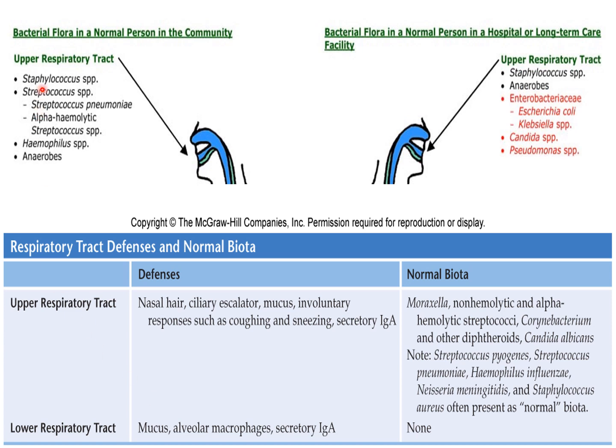To continue with the bacterial flora in the normal person in the community, it mostly consists of Staphylococcus species and Streptococcus species, especially Streptococcus pneumoniae, or the alpha-hemolytic Streptococcus.